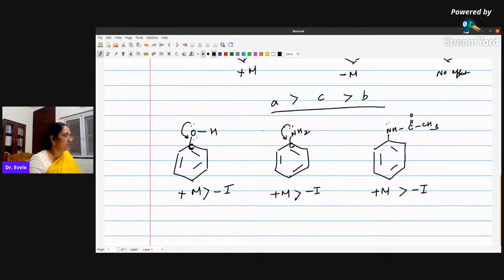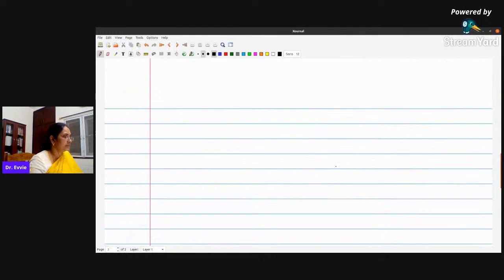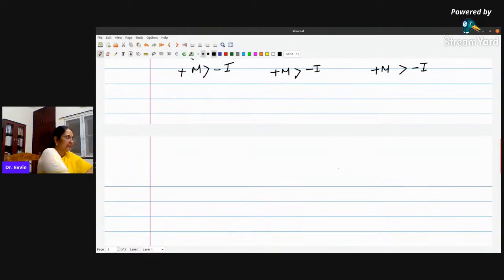So let me tell you an exception here. Okay, the exception is your halogen. When the benzene ring is attached to a halogen, let us take fluorine. Okay, so here you have again lone pairs. So here also what will happen? Electron will enter the benzene ring, so it will show plus M effect.